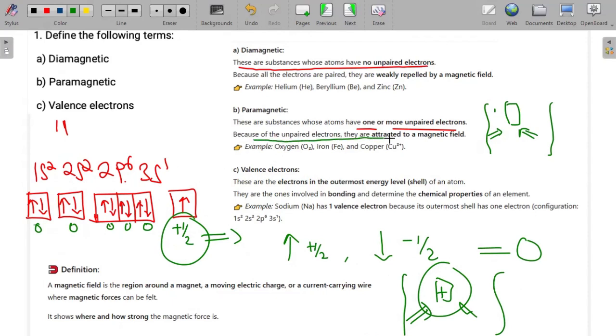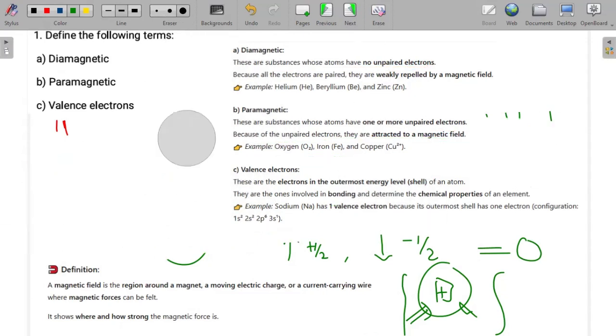Because of the unpaired electrons, they are attracted to a magnetic field. A good example is sodium; even oxygen, iron, and copper are good examples of paramagnetic substances. Those are the definitions for diamagnetic and paramagnetic.